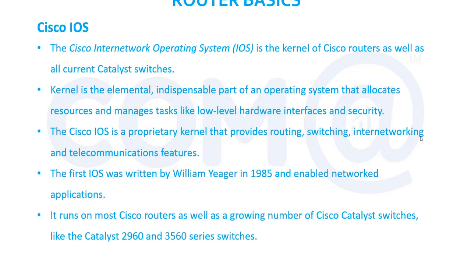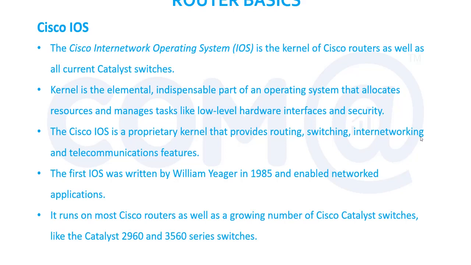So in case of Cisco IOS, Cisco Internetwork Operating System is the kernel of Cisco routers as well as all current Catalyst switches. So operating system kernel, okay, that is the IOS. The kernel is the core of the operating system where you can develop and function with the device.